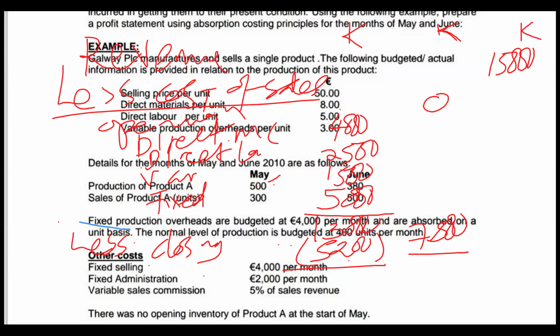We have to add the opening inventory, which will be the same. Then we add the over absorption and deduct under absorption, isn't it? In our case, it was over absorption, that's what we established. We said there was an over absorption of 1,000, so we add it here. Is that clear?